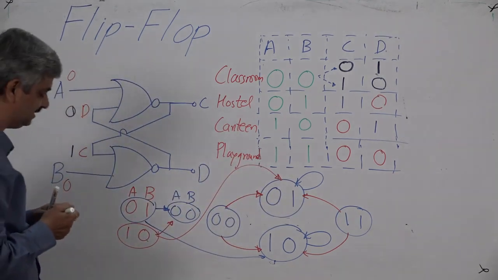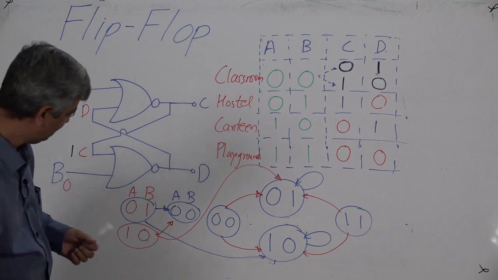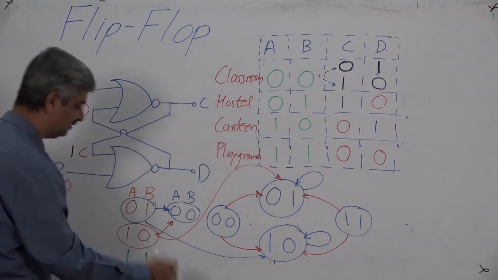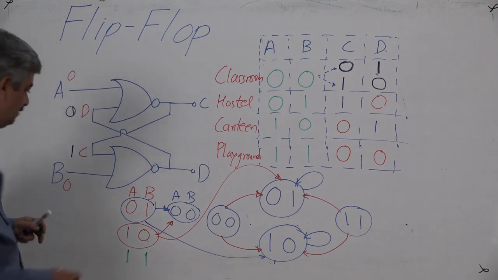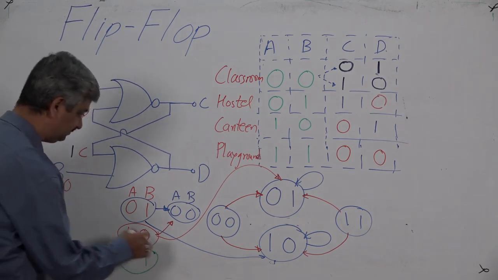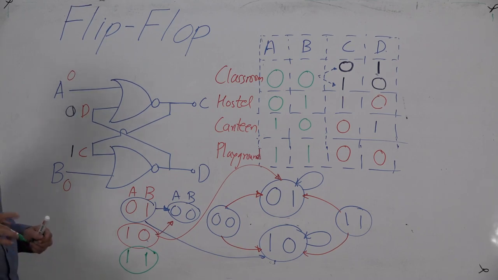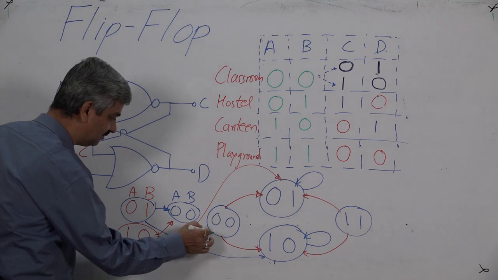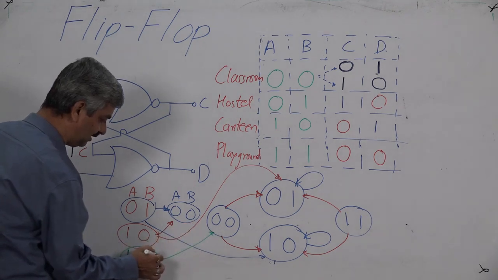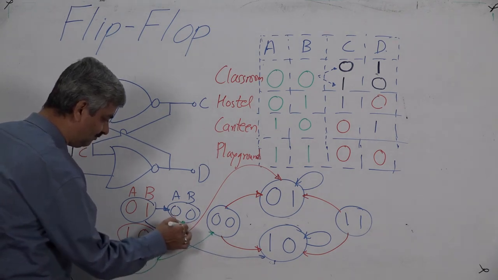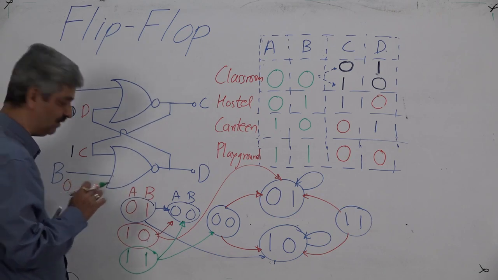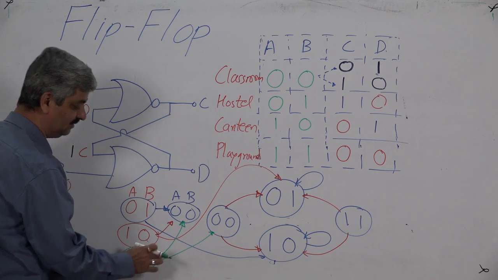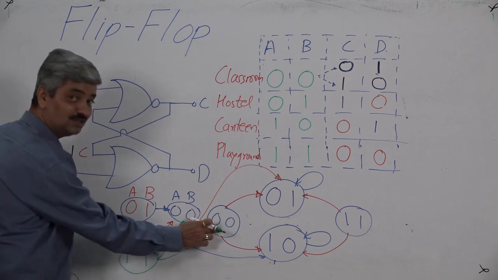Now, a very interesting situation. A 1 and B 1, you are coming from the playground. When you were in the playground, what was the last state? The last state was 0, 0. And now, when you come to A equal to 0, B equal to 0, from A equal to 1 and B equal to 1, the last state was 0, 0.